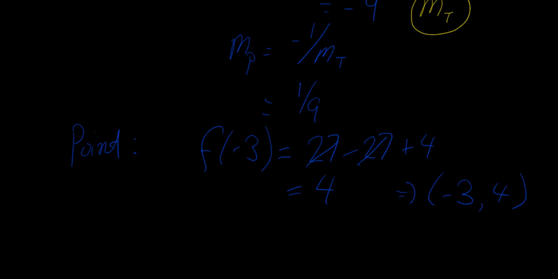Okay, so we have everything we need now. The only things you need for the equation of a straight line are the gradient and just one point that it passes through. So over here, we're going to try out the y equals mx plus c method. It won't give you the same result, it's just a matter of preference really.